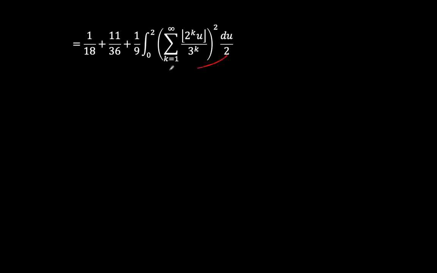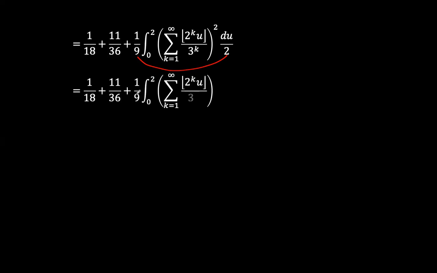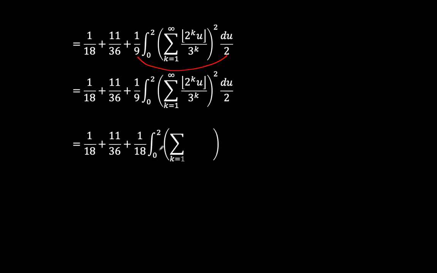Now this half here can be pulled out. So now that we have 1 over 18 plus 11 over 36 times, we can make this 1 over 18 by pulling 2 there.